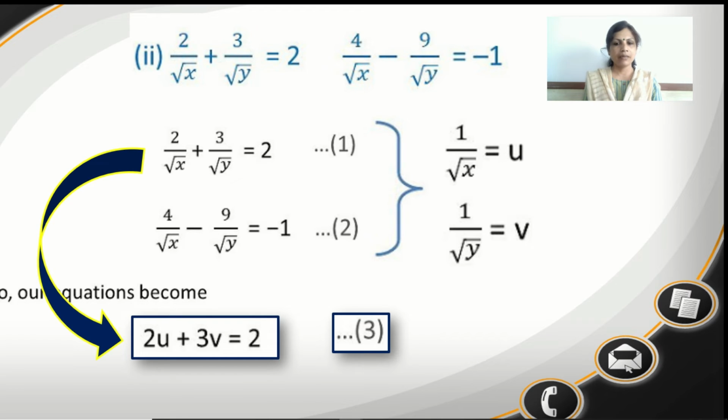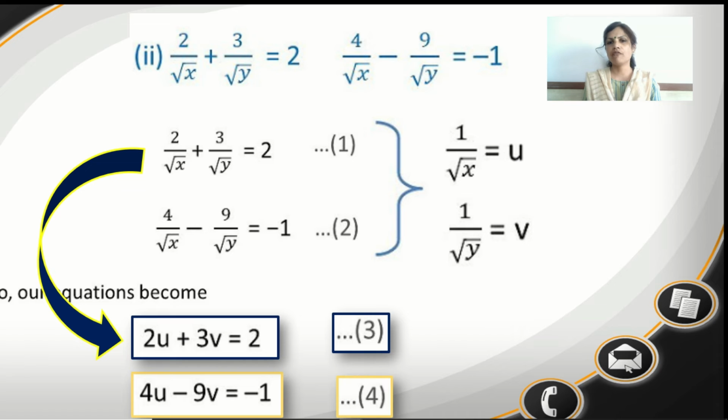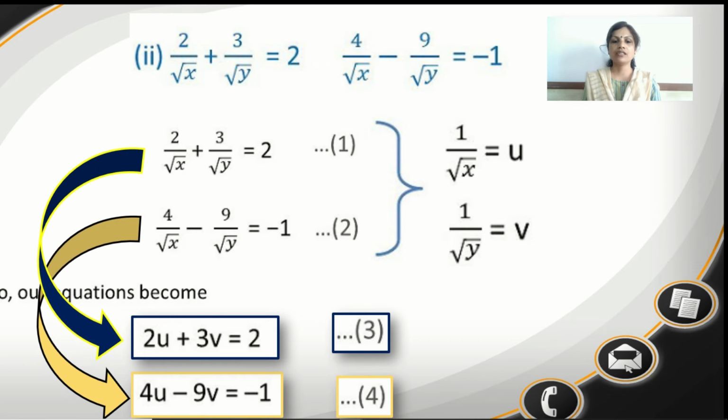Similarly, we will have 4u minus 9v is equal to minus 1. We will name this equation as number 4, and you can see that we have again made it so simple. This is our equation 2, and equation 2 we have converted into a simple equation which is in the standard form of linear equations in two variables.